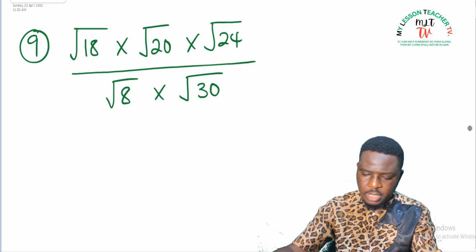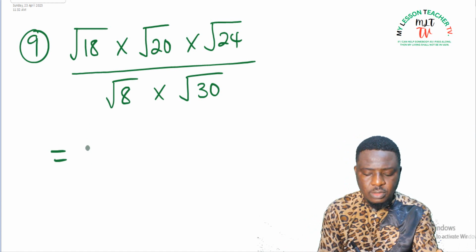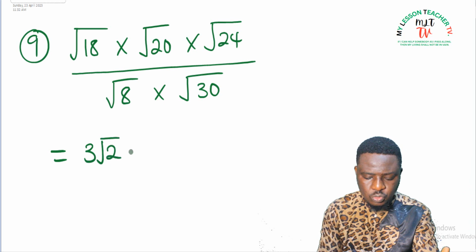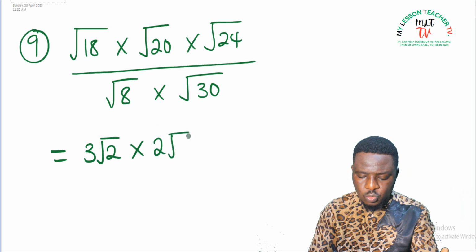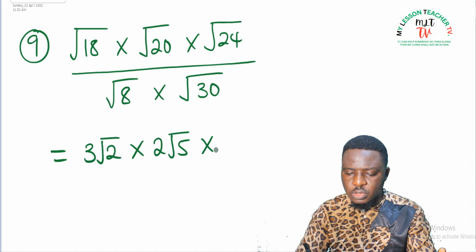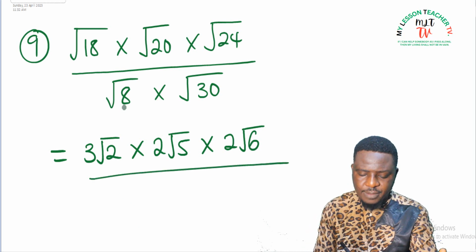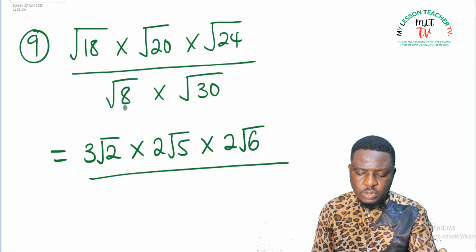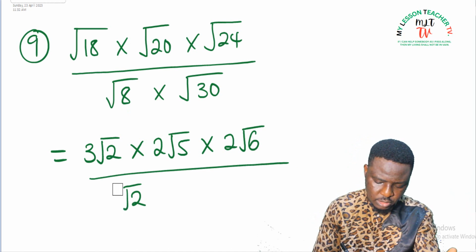So, expressing each of them in their basic short form, we have root 18 to be 3 root 2, times root 20 will be 2 root 5, times root 24 is said to be 2 root 6, divided by root 8 is 2 root 2. Sorry, 2 root 2, not 3 root 2.